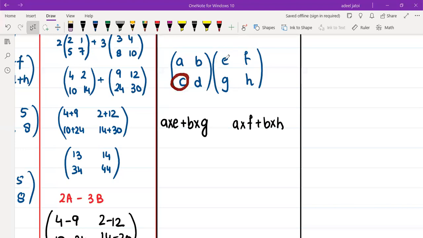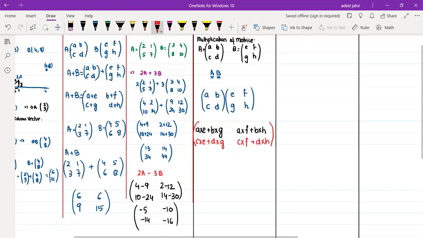So first value multiplied with the first value and second value with the second value. Then again, your first value should multiply with the first value of the second column and your second value should multiply with the second value of the second column. So I can write this as C into E plus D into G, C into F plus D into H. This is the complete multiplication of a 2 by 2 matrix.